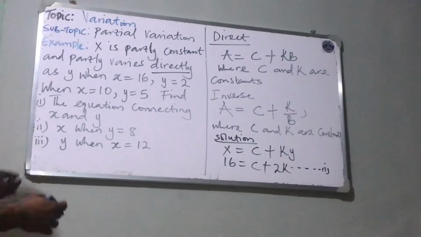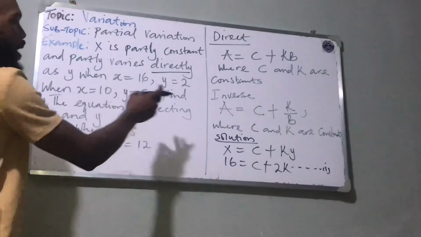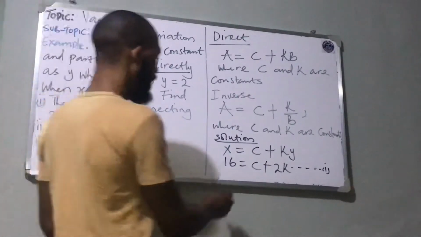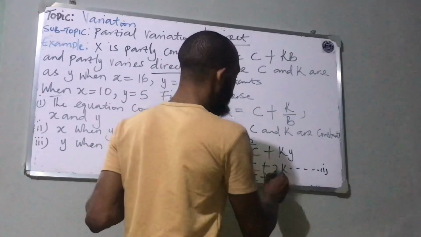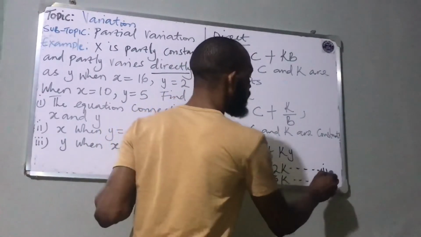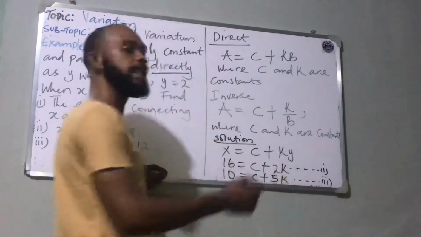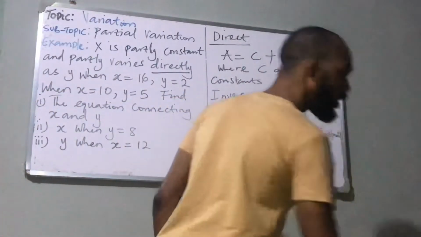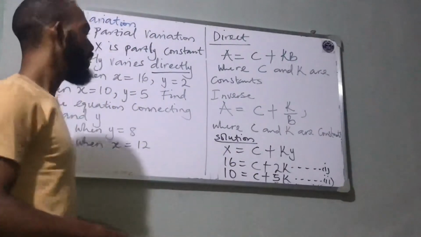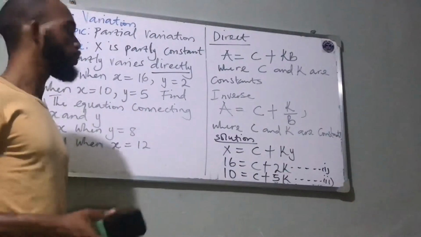Now for the second one, when X is 10, Y is 5. X is 10, that's C plus 5K. So this is another equation, and of course, this is leading to a simultaneous equation. We use either the elimination method or the substitution method.